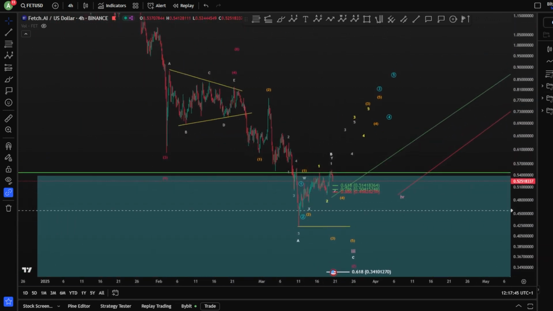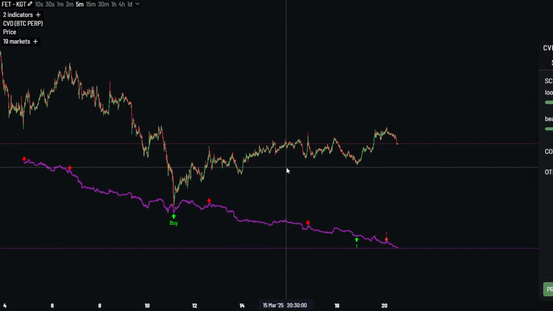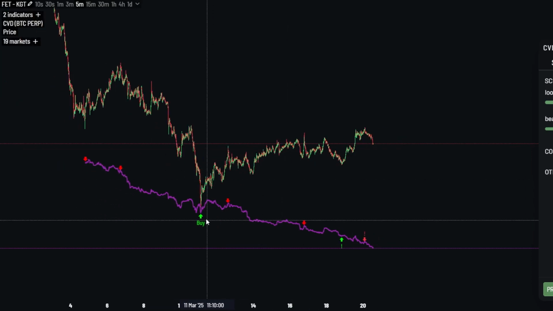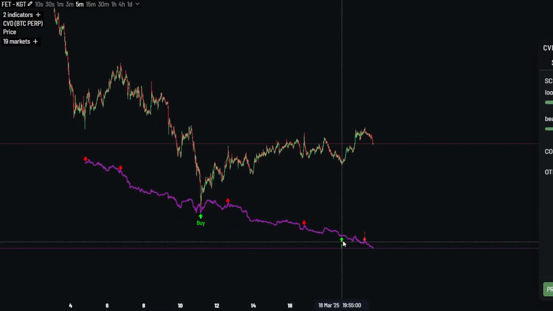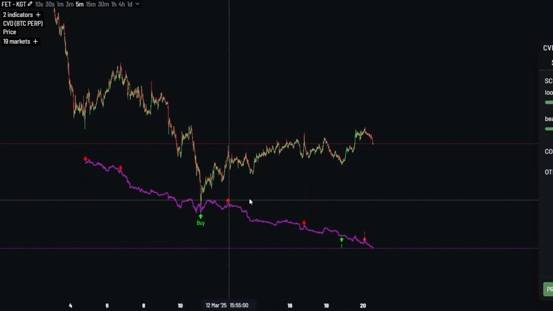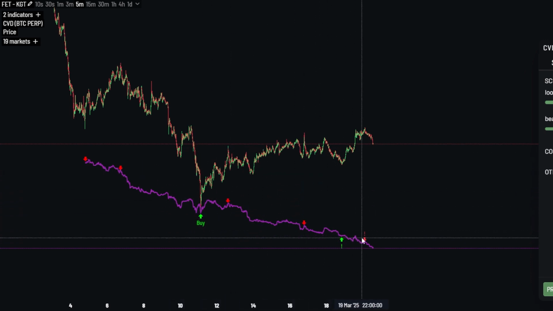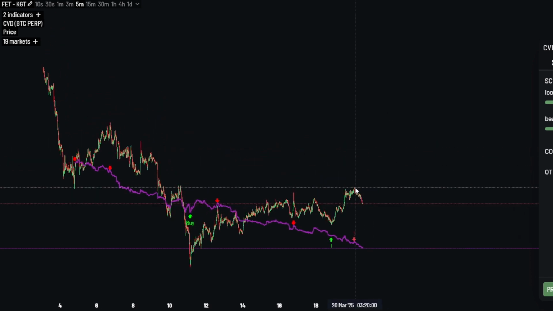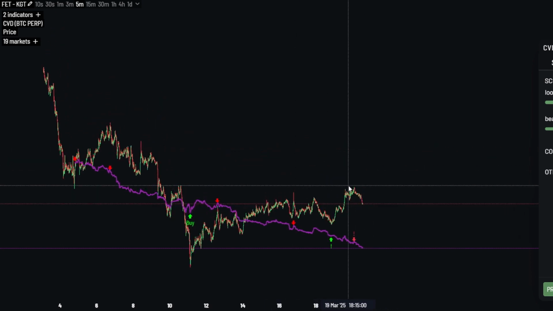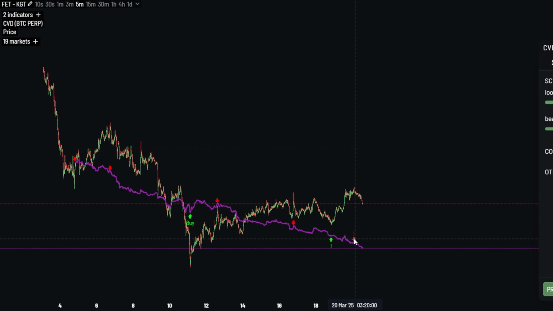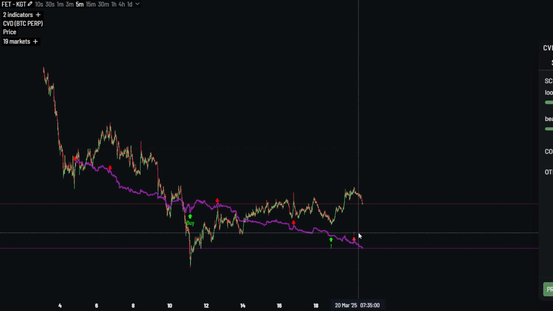If we also take a look at KGT on the 5-minute chart, we see a very beautiful divergence for the bullish, moving toward the upside. Now we got a bearish signal, but the beautiful thing is that you took the high with a divergence in the bearish, meaning, of course, invalidation of this bearish signal.